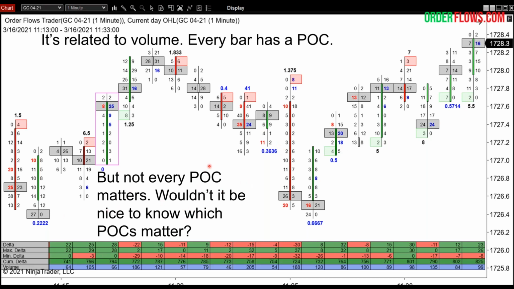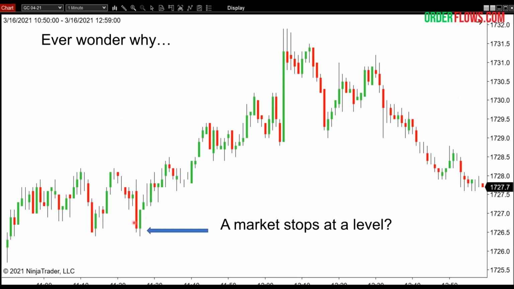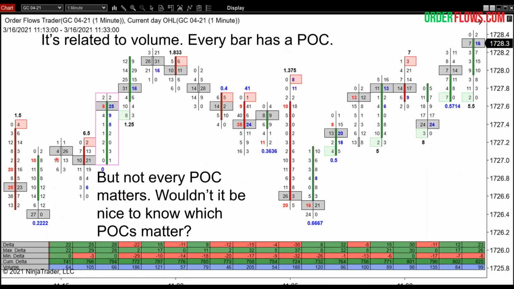This is that area right down here, this double bottom right here, the two green candles that follow the big red candle down, okay? And if you understand how to use point of control, that's going to put you ahead of everybody else that's waiting for the breakout to happen to say this is a double bottom, because you can confirm this double bottom pretty quick, right?